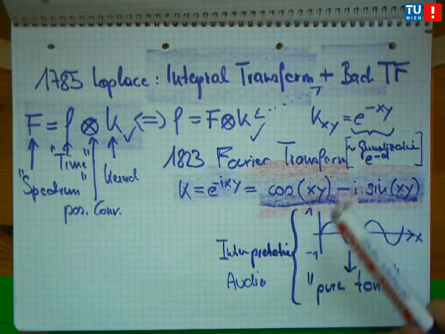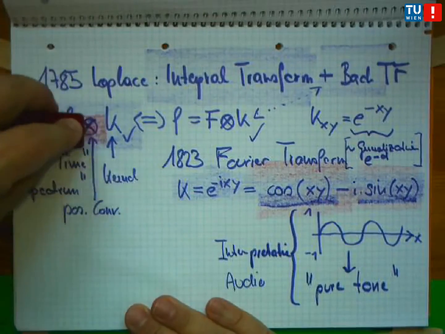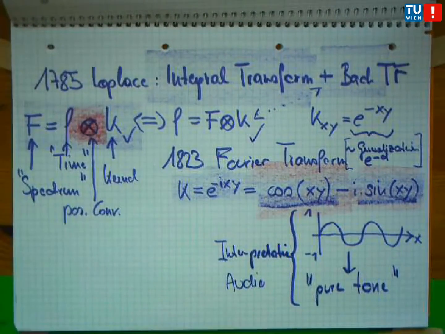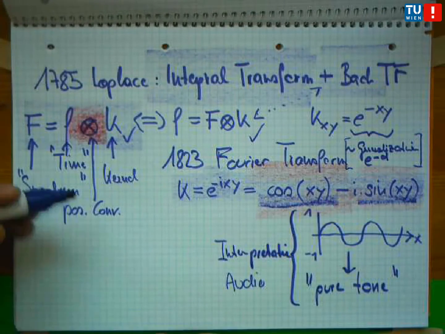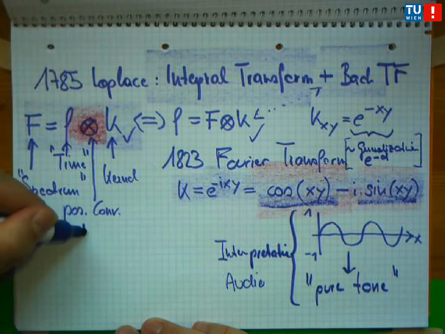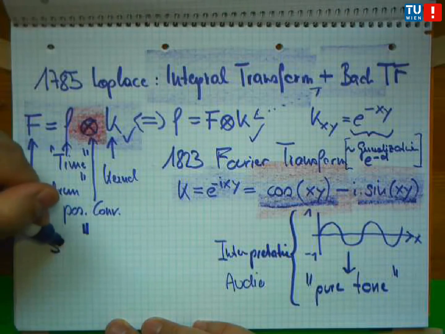Why do we have this link? Because of the way the kernel is combined with the time signal. It is done by convolution, and that is, as we know, a similarity measurement operation.